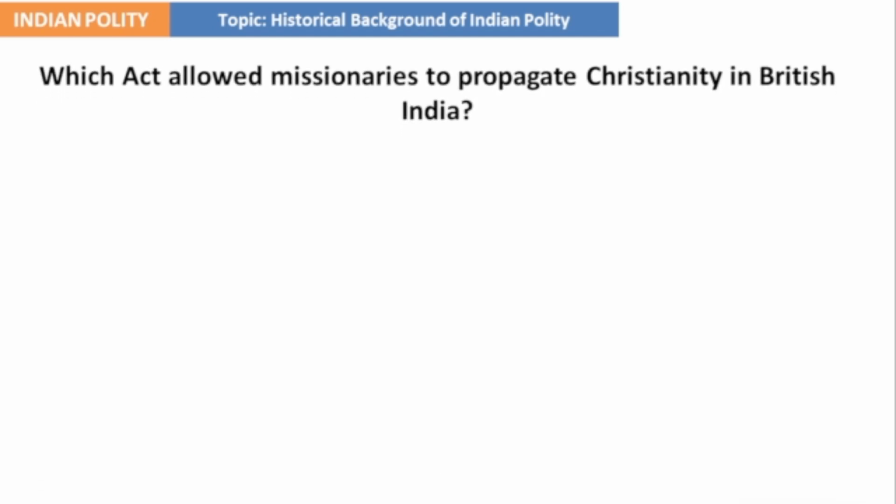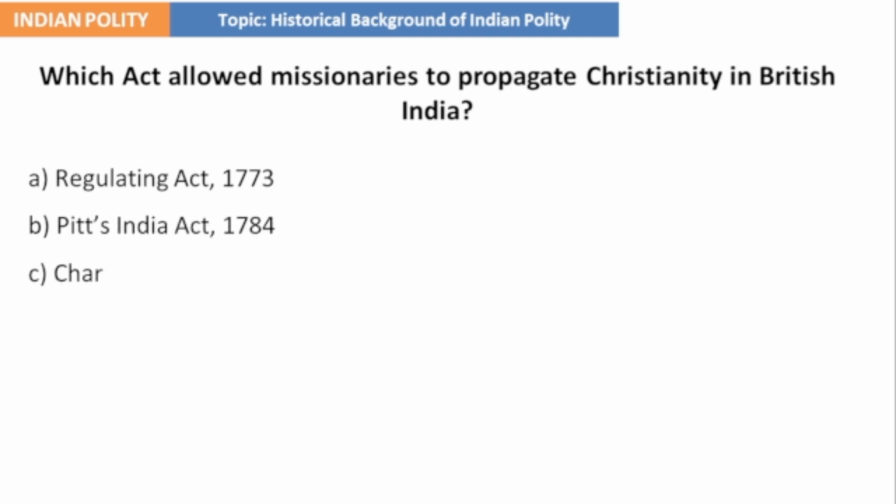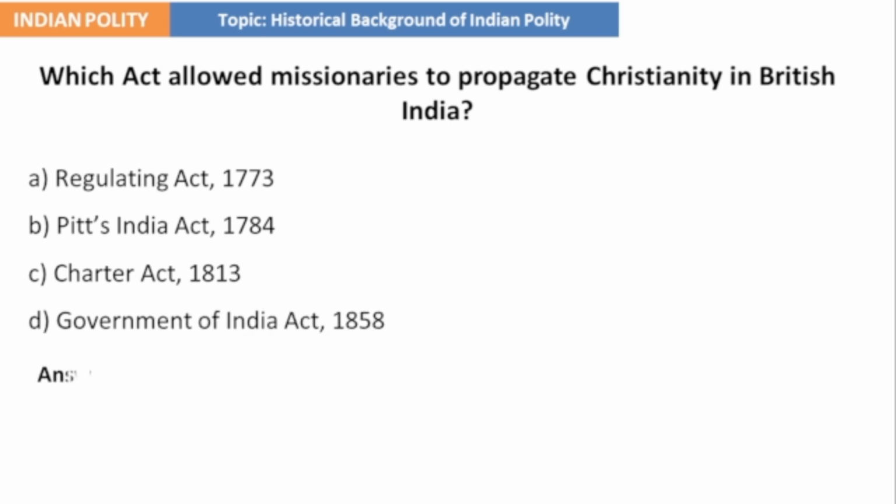Which act allowed missionaries to propagate Christianity in British India? Answer is option C, Charter Act of 1813.